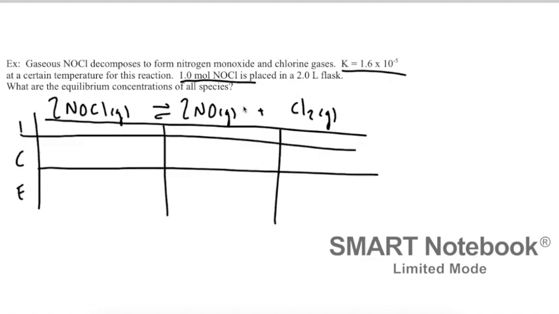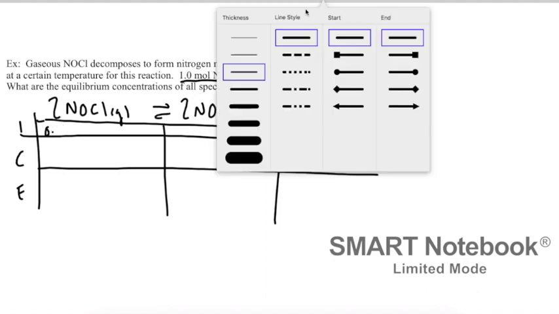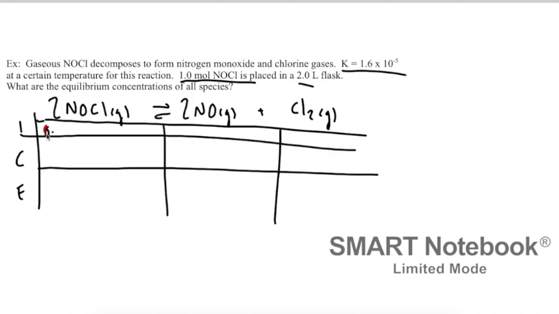Initially, I have 1 mole of reactant NaOCl being placed in a 2-liter flask, moles per liter. My initial concentration of NaOCl is 0.5 moles per liter. And that's all I have. I don't have any of this or any of this.